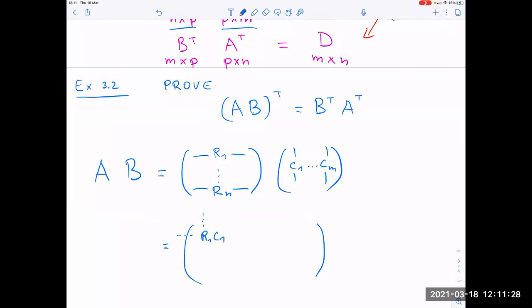And then it will be R2, C2 in position 2, 1, R1, C2 in position 1, 2. I can go all the way down, R1, Cm. All the way down, I will have Rn, C1. And in the corner, I will have Rn, Cm.